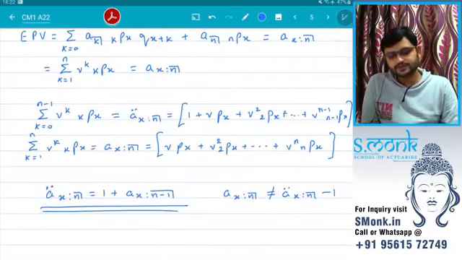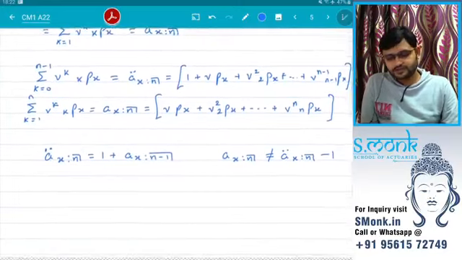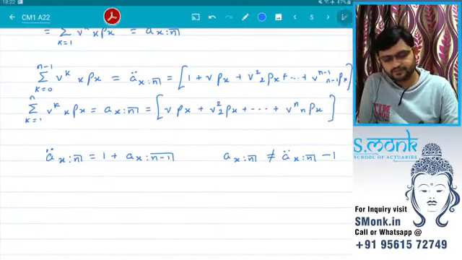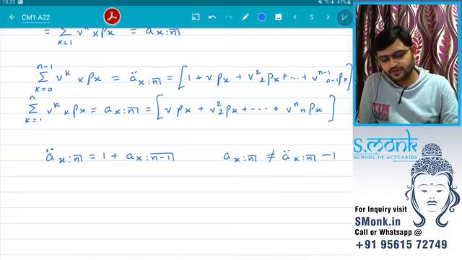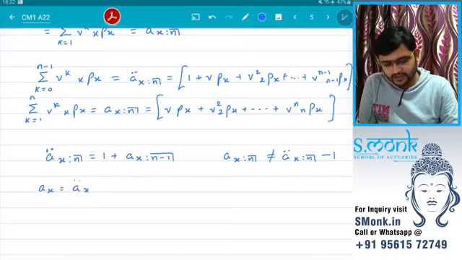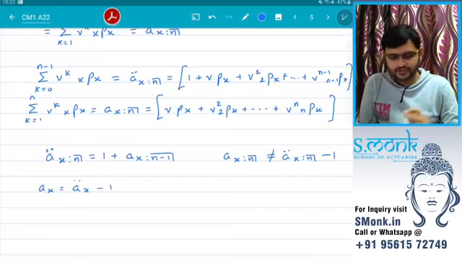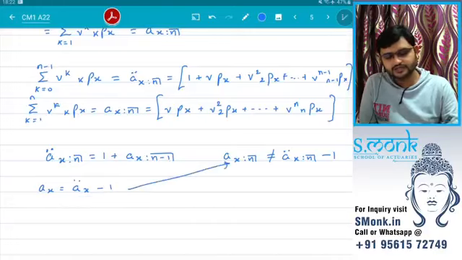You should remember this, and you should avoid this kind of mistake. But we know our ax is actually equal to a due x minus 1. Okay, that is always true. Don't relate this to this.